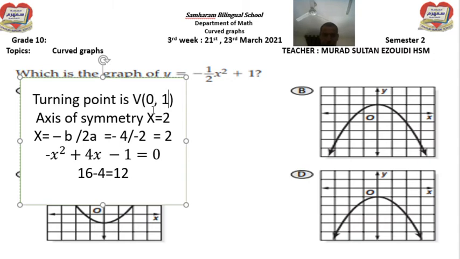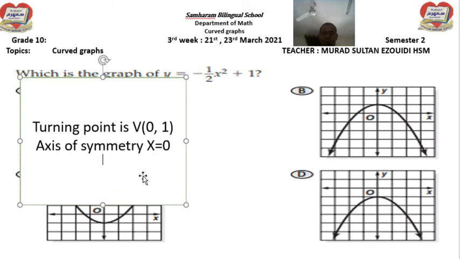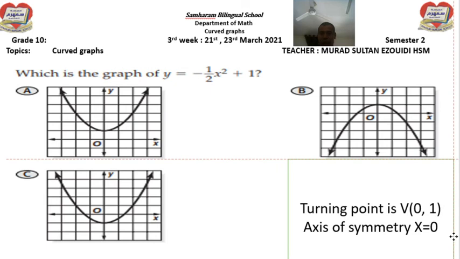This is also x equals 0, but the vertex here is 0, 1, so B is the correct answer. Okay, so B, my learners, is the correct answer.